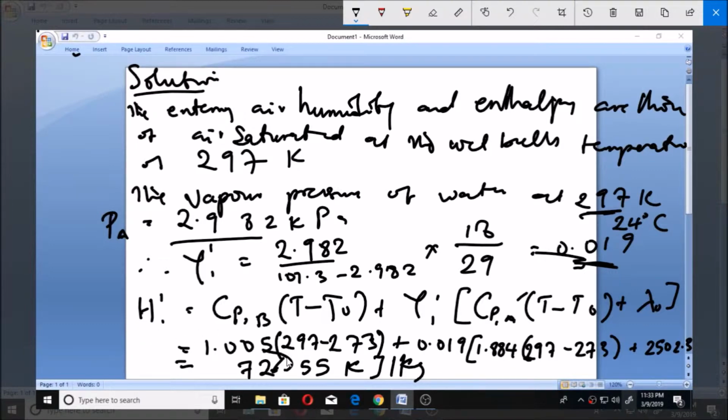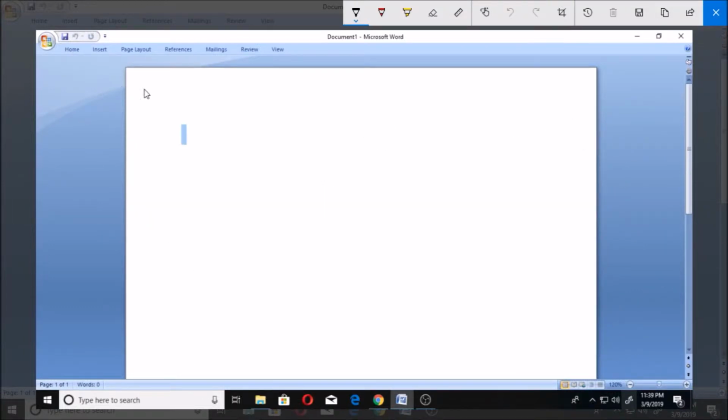Those are the things we can read out from our graph, and from there we can continue with the rest of the calculations.